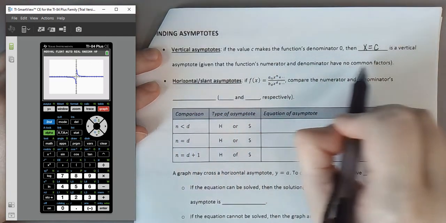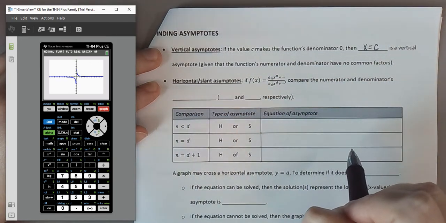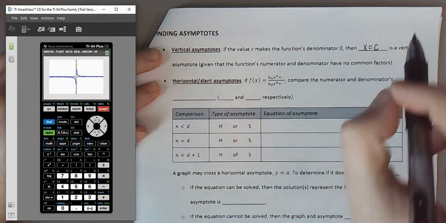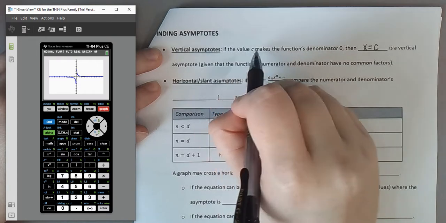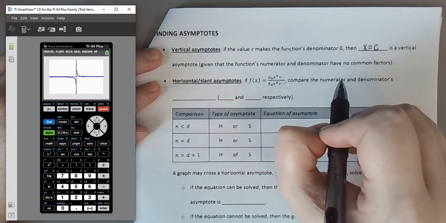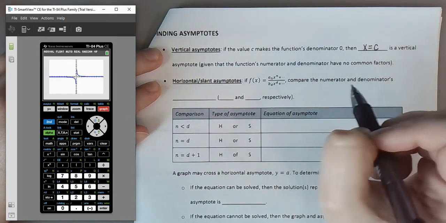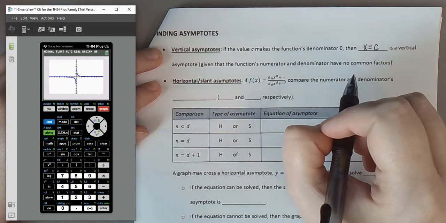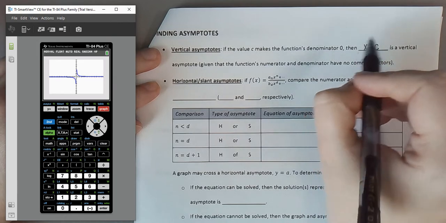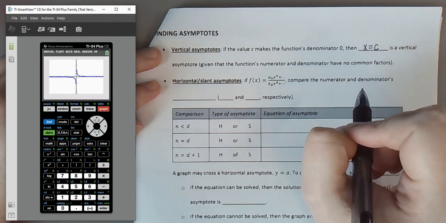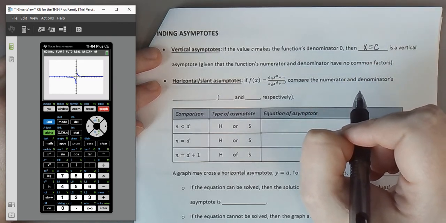Again, given that we've already canceled out any common factors and our function is fully reduced. So x equals c, where c is any value that makes the function's denominator 0, that's going to be a vertical asymptote. And keep in mind, if we have a denominator where more than one value makes it 0, then we may have more than one of these boundaries. It's very possible that we have a lot of vertical asymptotes.